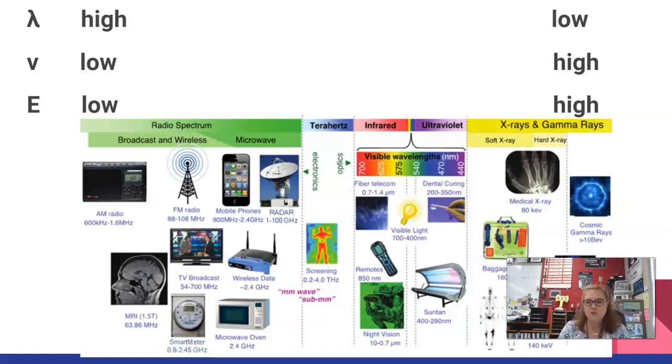So let's think about this. Right now, radios are going all over the place. Do you have to protect yourself from radio waves? No, not at all. They have low energy, so you don't need to protect yourself. But as you go to the right in this diagram, you should. Don't we need sunscreen for the ultraviolet light? Yes, we do.